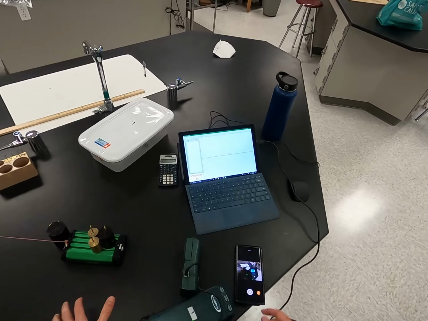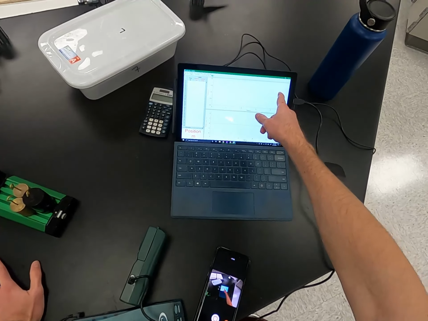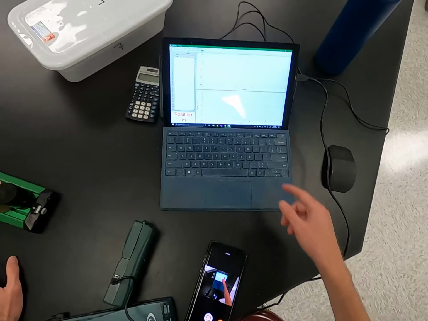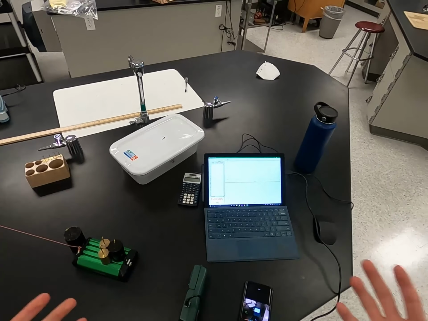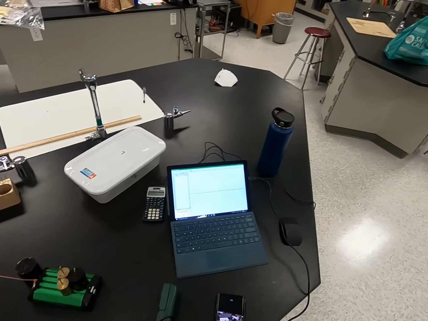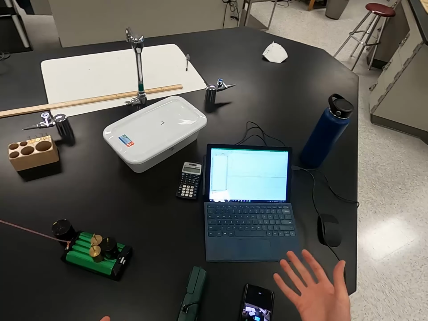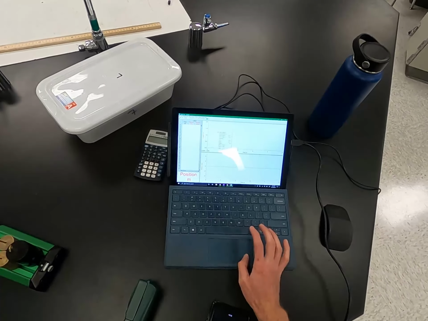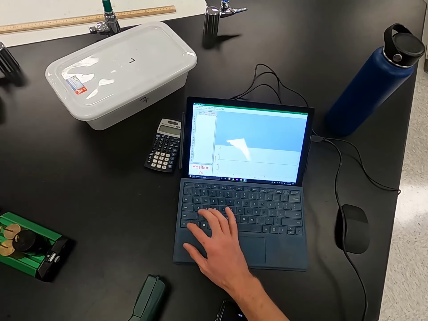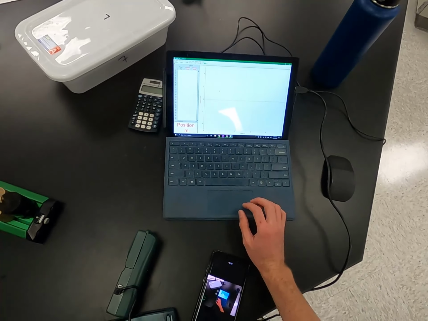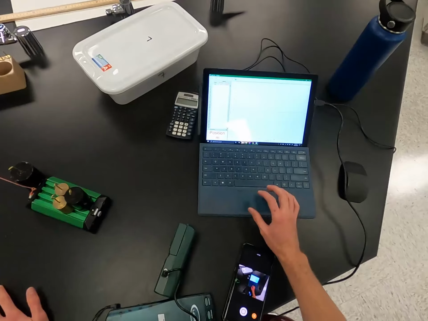And so we'll get a graph of the position versus time, as well as the velocity versus time. And from that, we can get some data to determine it. What we'll really want from this is the acceleration value. So I can delete this graph and make that guy bigger. So let's go for it.